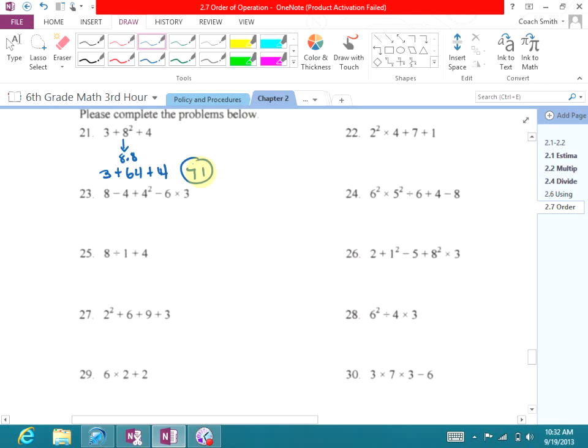Okay? Now, let's look at 22. 22, what do I do first? Exponent, which means, what is 2 to the second power? 2 times 2, which is 4. So that's 4 times 4 plus 7 plus 1. Okay, so what do I do next?